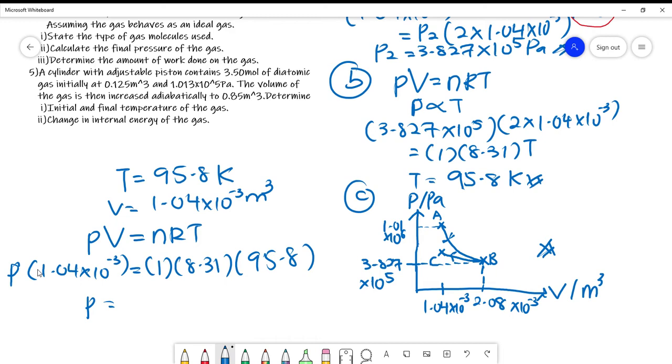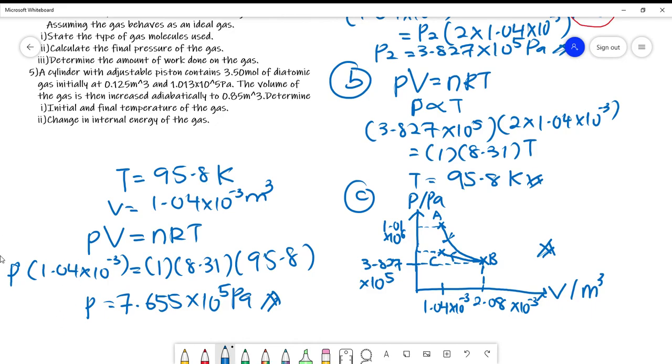So basically my pressure is 7.655 times 10 to the power of 5 Pascal. We can see that the point C, located here, is between this one and this one. So we prove that the final pressure at point C does not return to its original pressure.